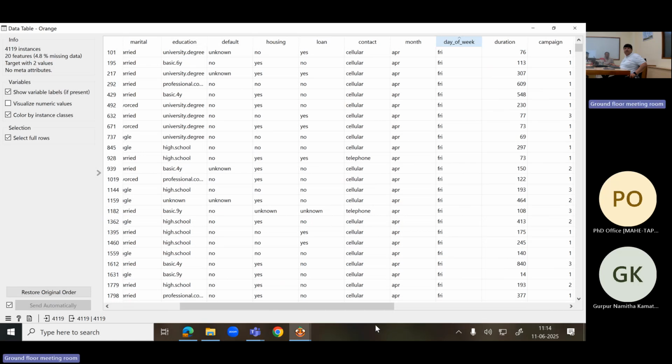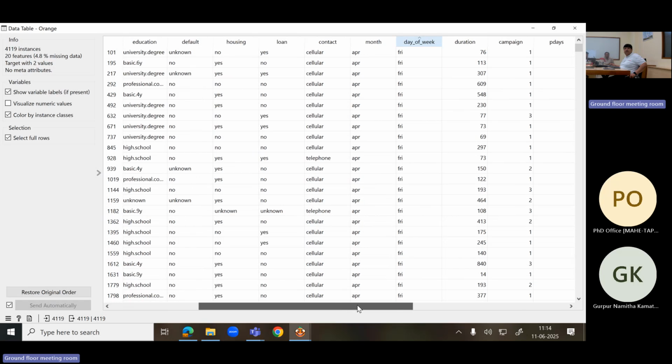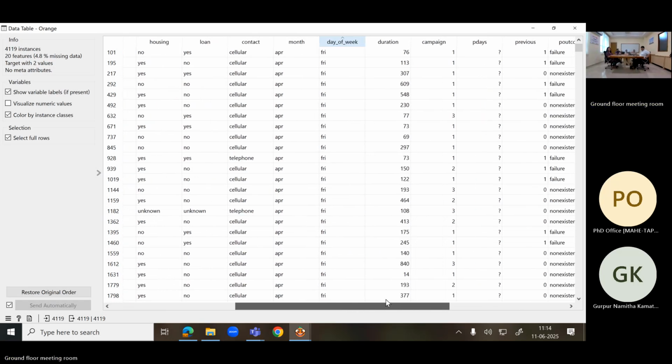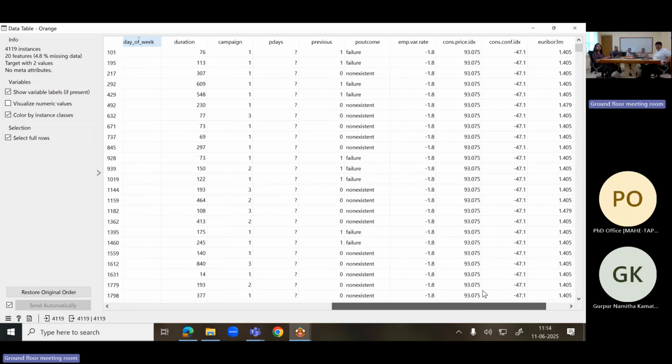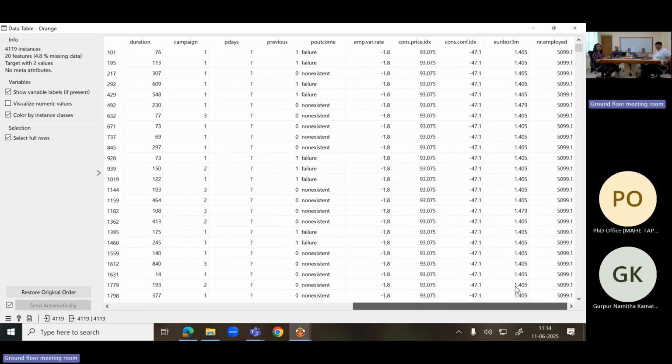If you look at the rate now, April, Friday, you can see some similar rates. But when I put a filter on month and day of the week, again, there are 10 Euribor rates.